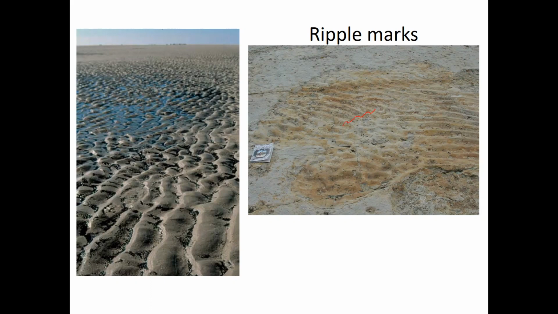But the next time the water rises with the tide, or if there's some rain that causes the level of the lake to rise, a new layer of sand is deposited over top of those old ripples. Later, if those layers of sand get lithified, then the boundary between those layers holds those ripples.